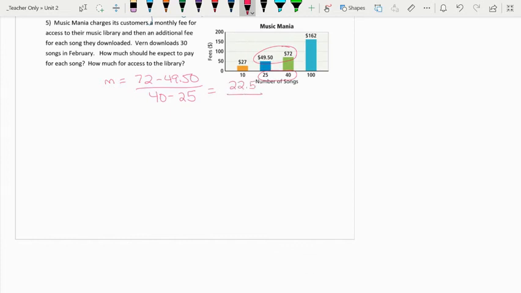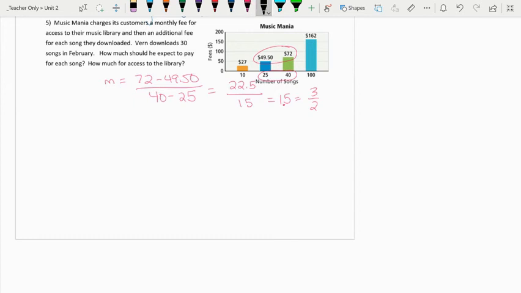And then if we do that divided by 15, we end up getting 1.5. I do want to convert this to a fraction because slope is a fraction. So we're talking about 3 over 2.